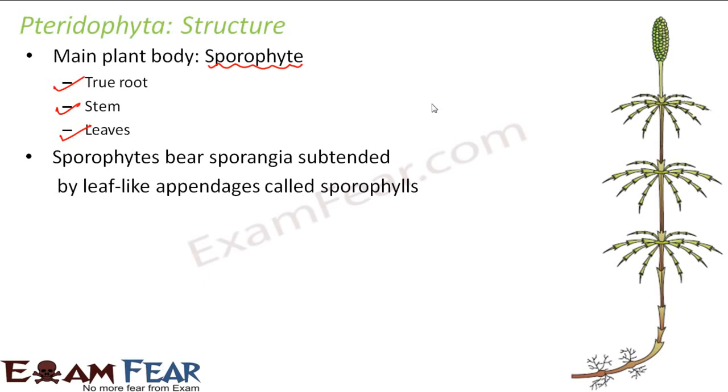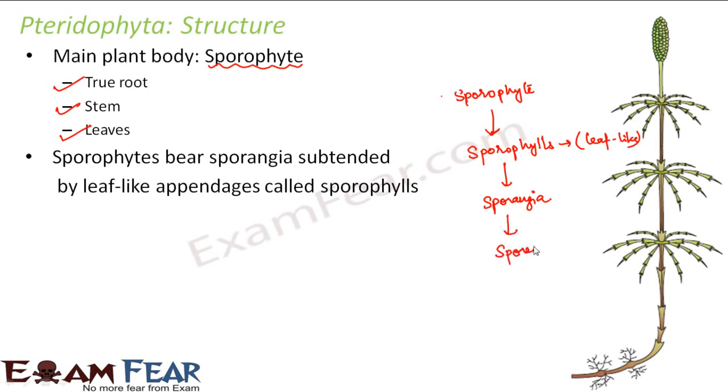Basically, to understand the structure clearly, you have a sporophyte, which is nothing but the plant which you actually see. This sporophyte will have some leaf-like structures known as sporophylls. These sporophylls enclose inside them a structure known as sporangia, and the sporangia contain the spores.